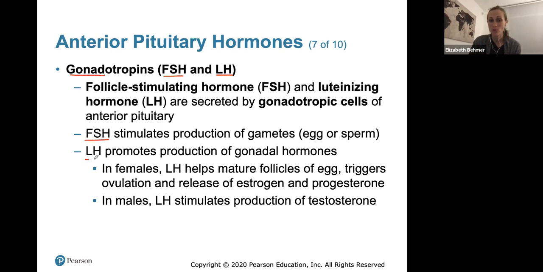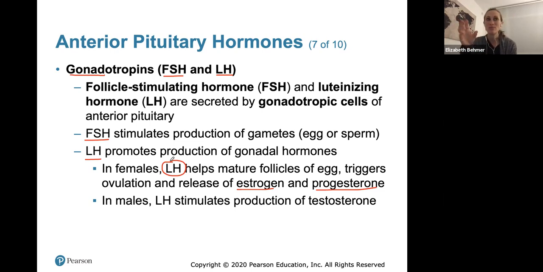Luteinizing hormone promotes the production of gonadal hormones themselves. In females, luteinizing hormone helps the mature follicles of the egg. It triggers ovulation and the release of estrogen and progesterone. Luteinizing hormone will peak right before ovulation.